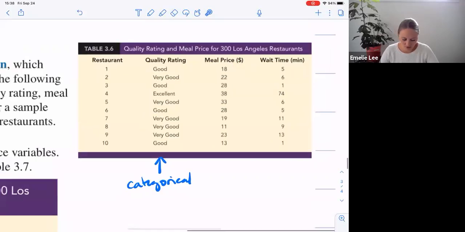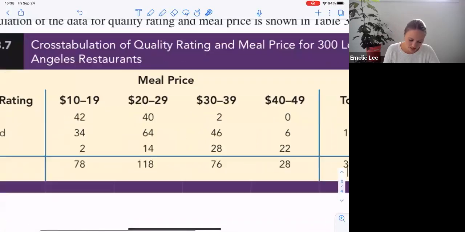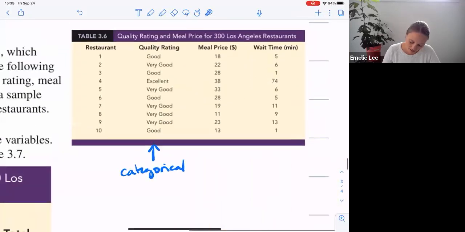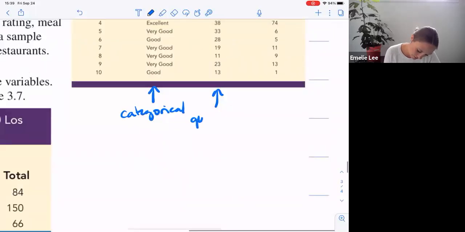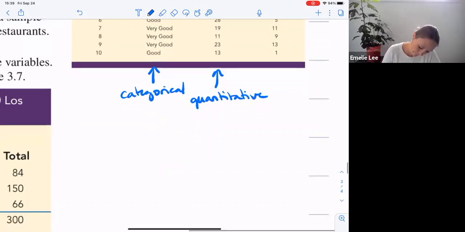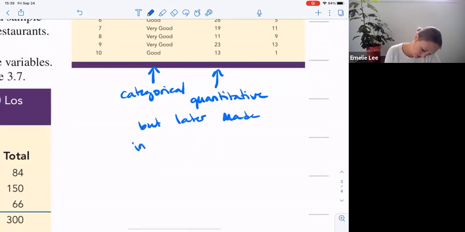Looking ahead, they've created categories from that numerical, or quantitative, variable. So as it stands here, the meal price, I would say, is quantitative, but later made into categories.